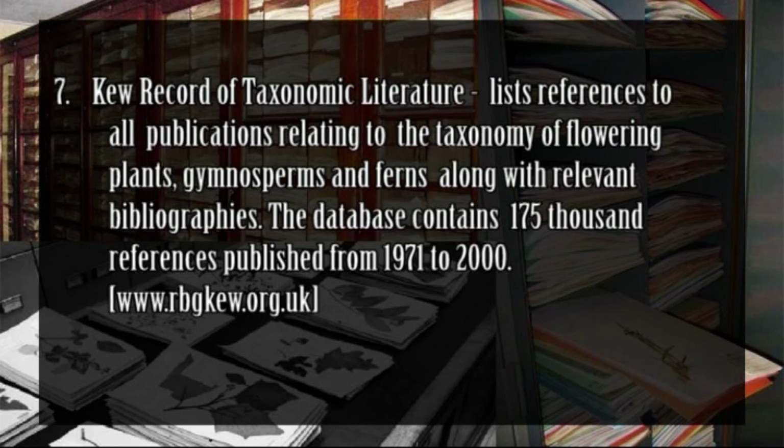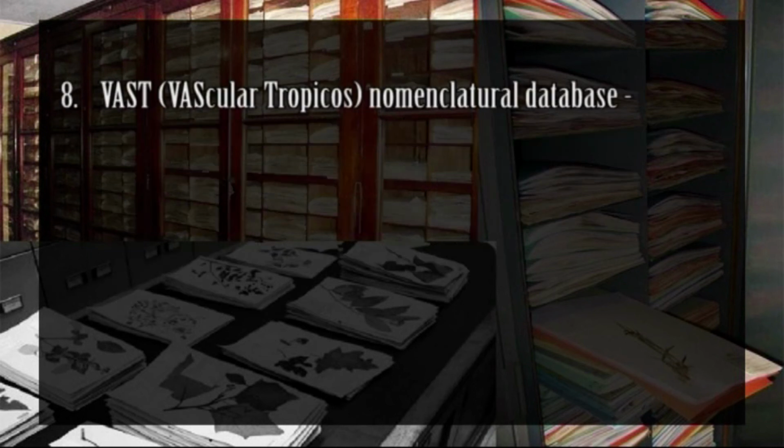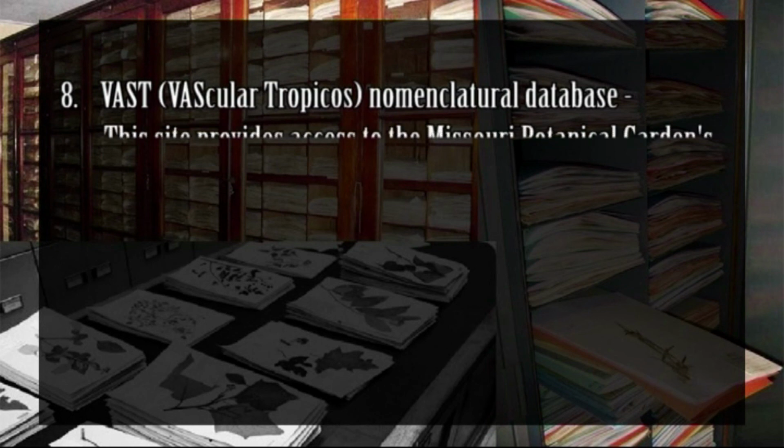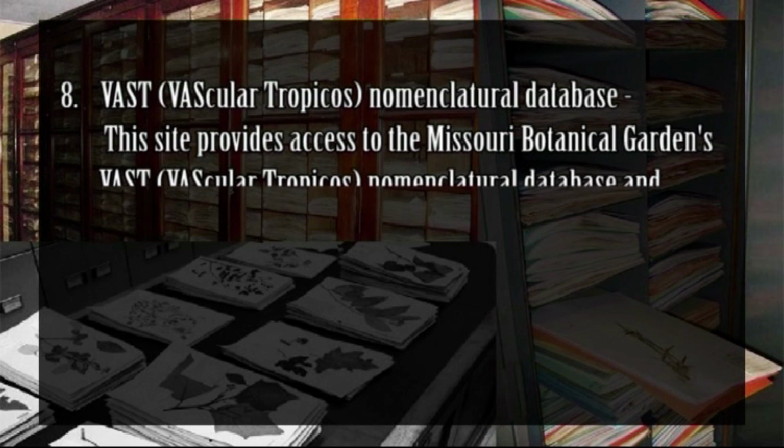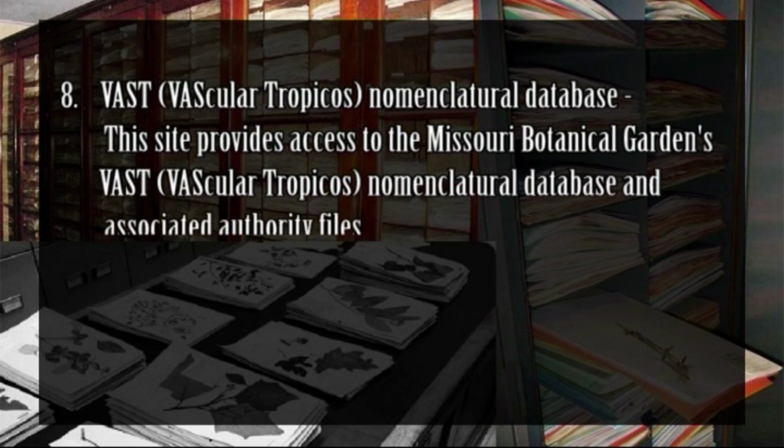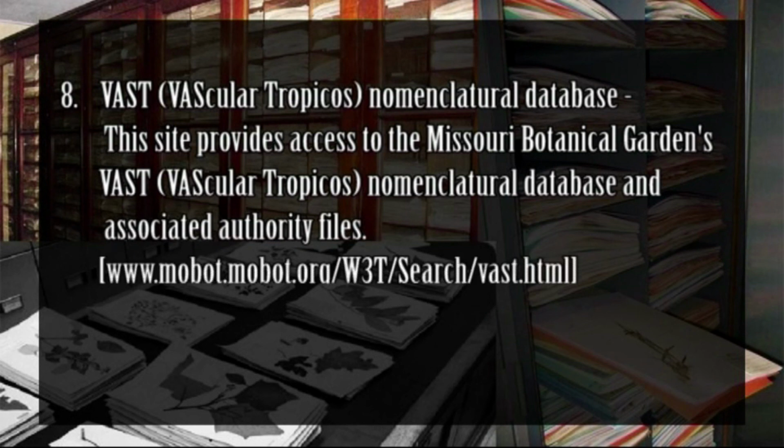The database currently contains some 175,000 references published from 1971 to 2000, with new references being added once a week. We also have Vascular Tropicos, or VAST, a nomenclature database. This site provides access to the Missouri Botanical Garden's Vascular Tropicos nomenclatural database and associated authority files.